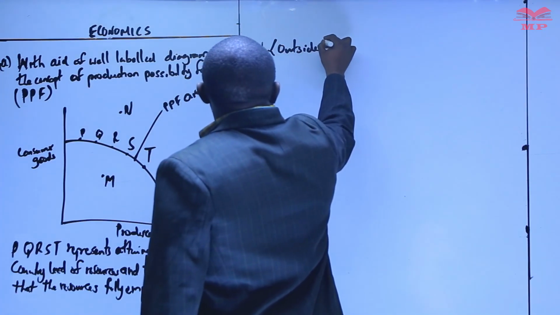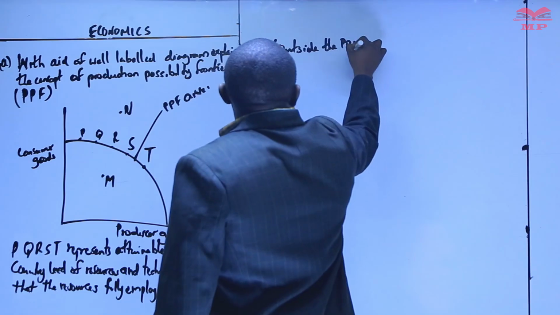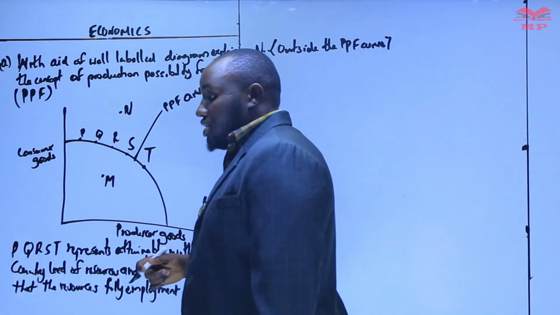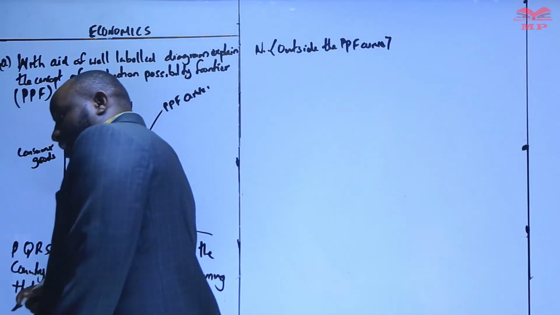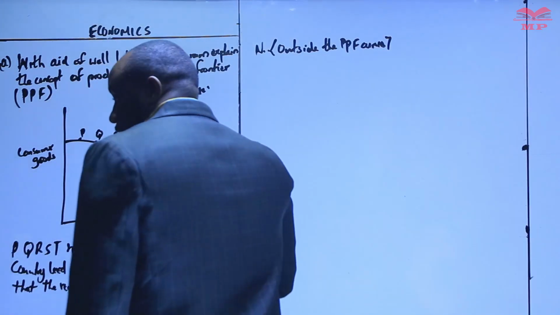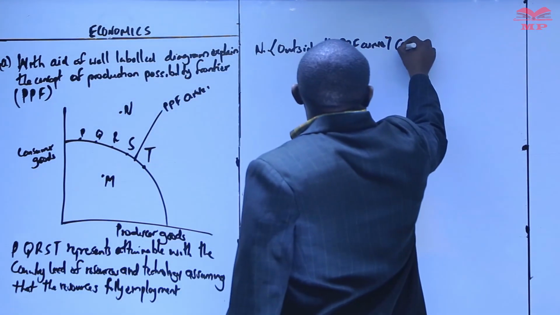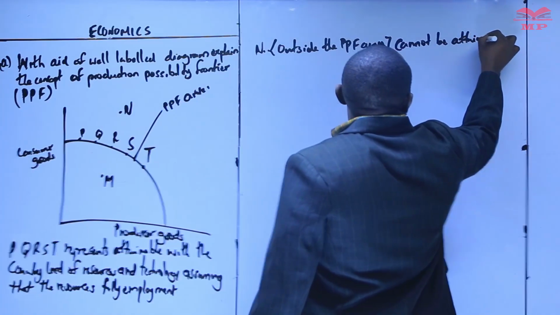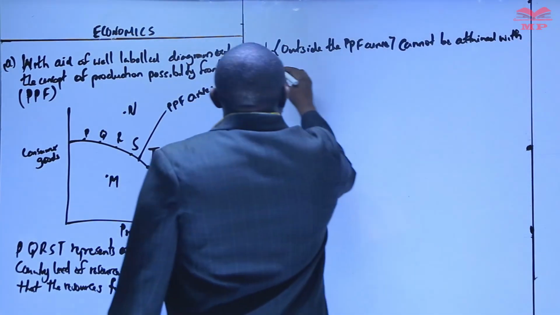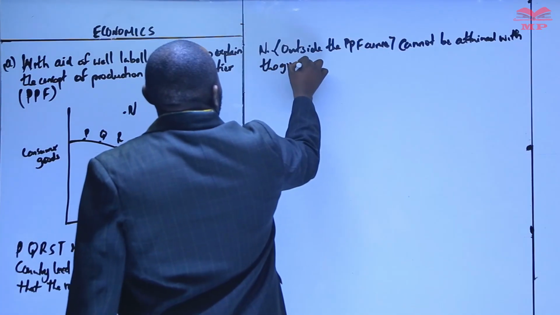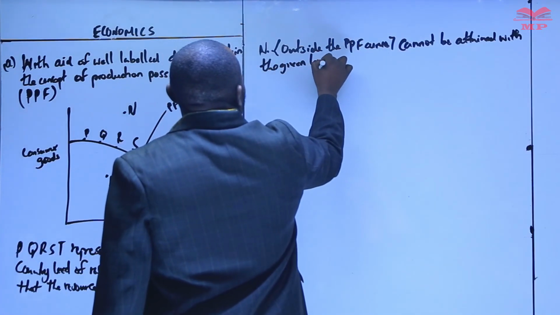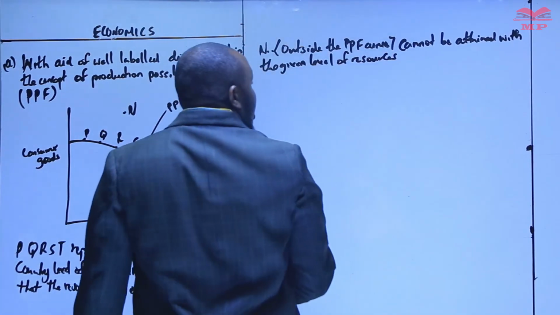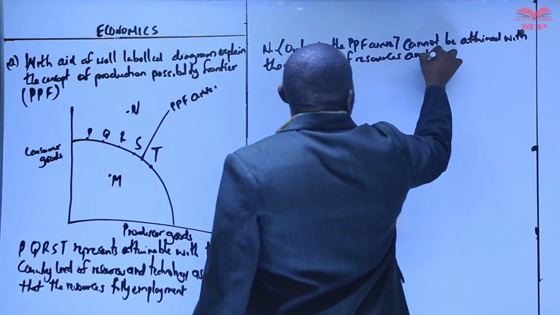A point N outside the PPF curve cannot be attained with a given level of resources and technology.